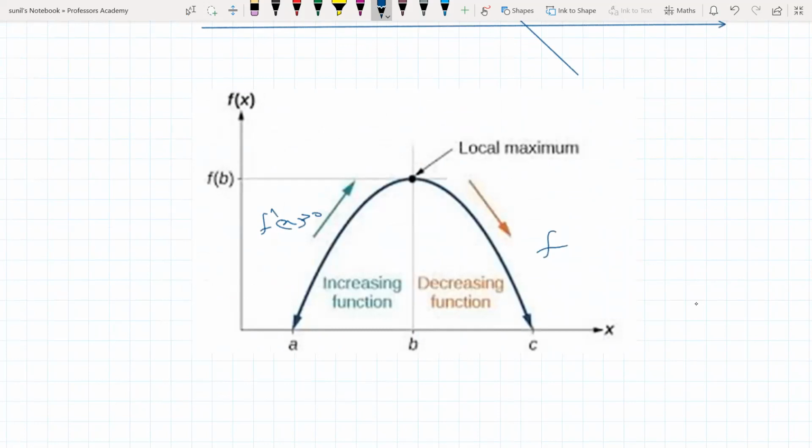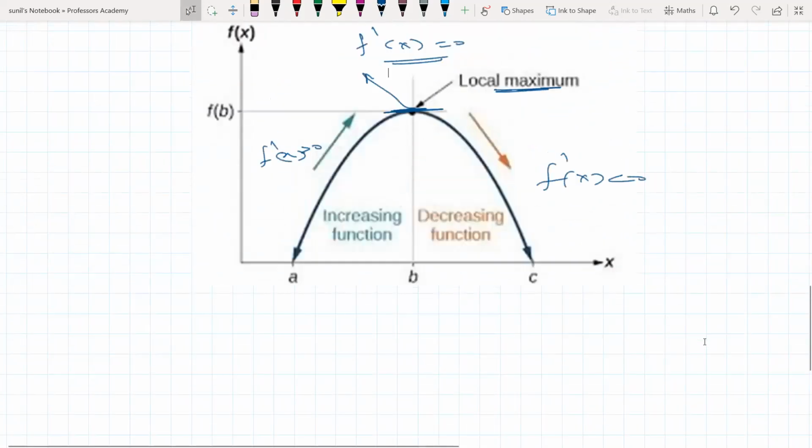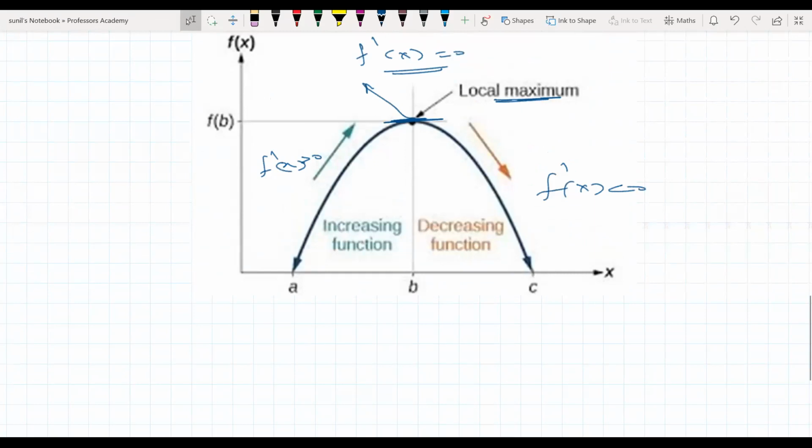Here the derivative is negative. So in this locality there is a maximum. Here f'(x) equals 0. So what is happening? Whenever there is a turning point like a local maximum, at that point you are getting the maximum value.